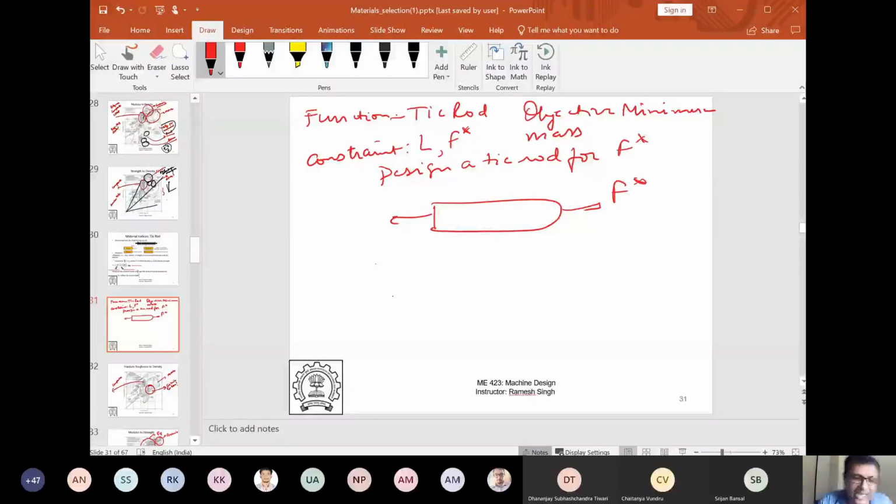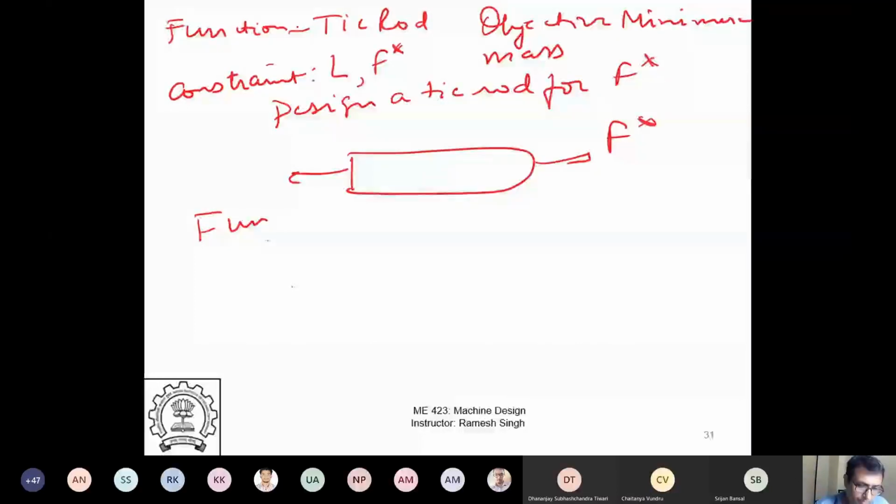So basically I know my function, that it is a tie rod. Now let's say I want to design this with minimum mass. I want to design it very light.